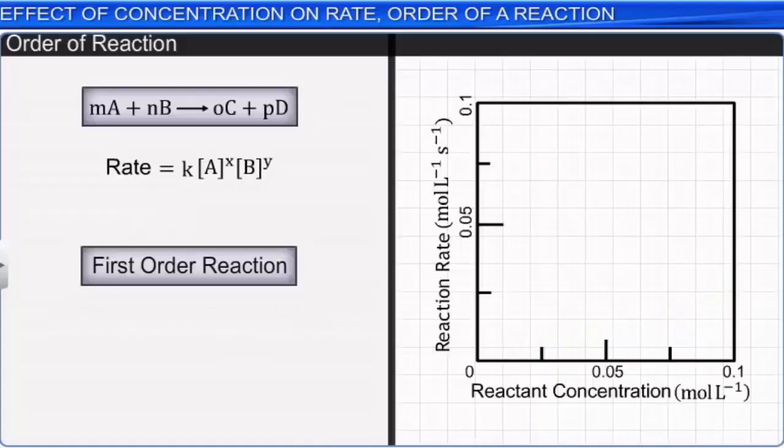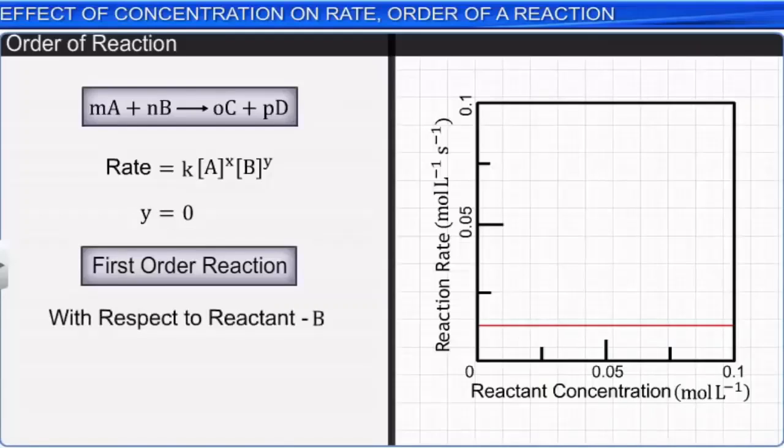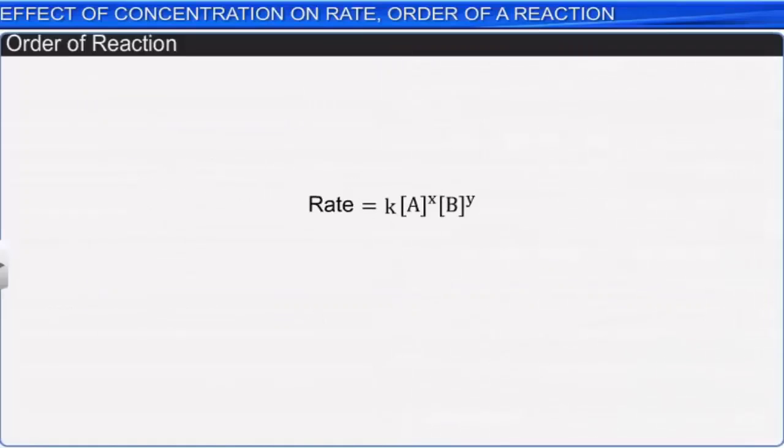Similarly, if y is equal to 0, then it is a zero-order reaction with respect to reactant B. Also, if y is equal to 1, then it is a first-order reaction with respect to reactant B, and so on. Thus, the sum of the exponents x and y gives the overall order of the reaction.